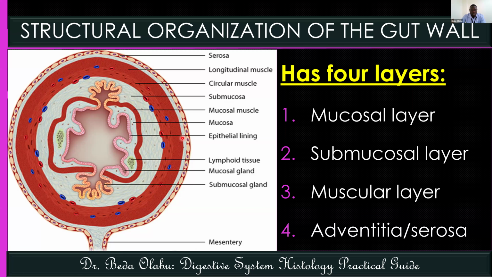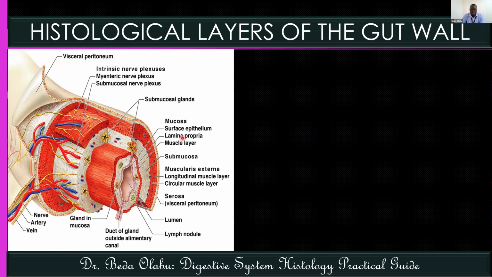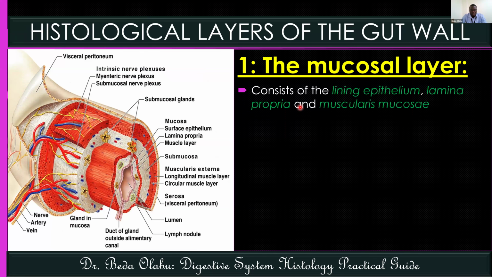Let's talk about each of them, starting with the innermost layer, the mucosal layer. The mucosal layer of the digestive system consists of three histological entities.